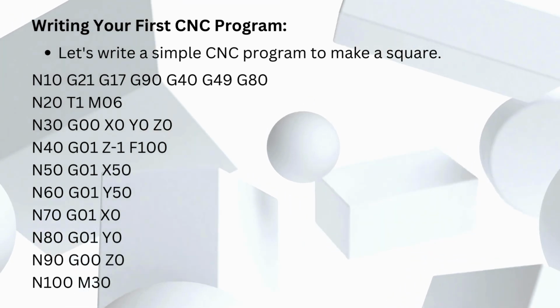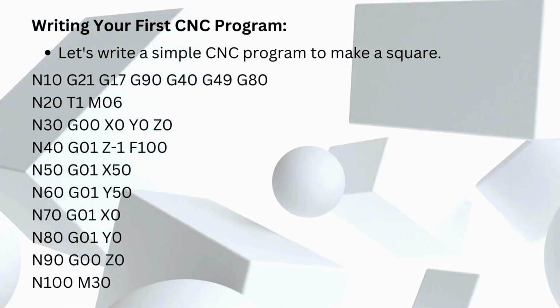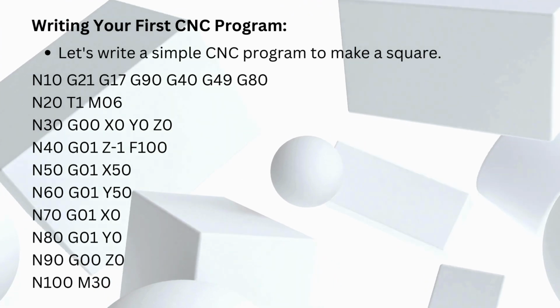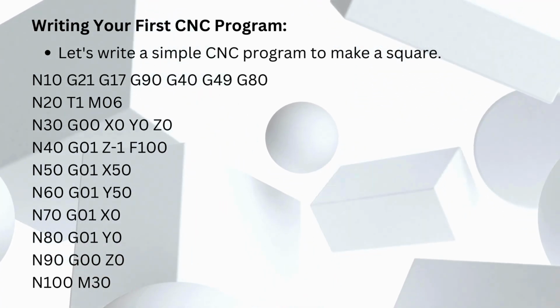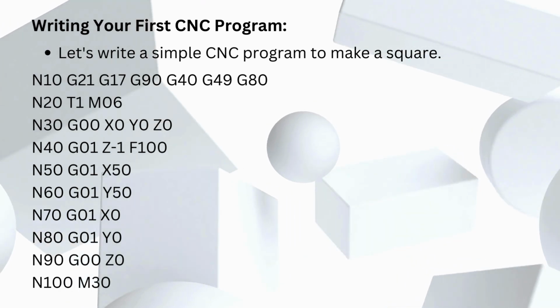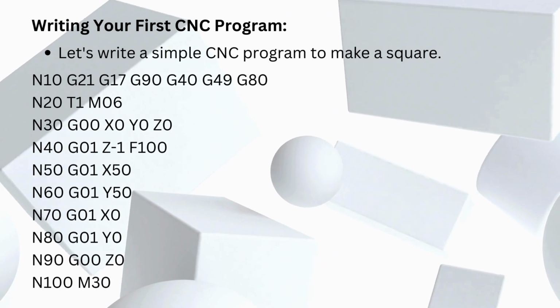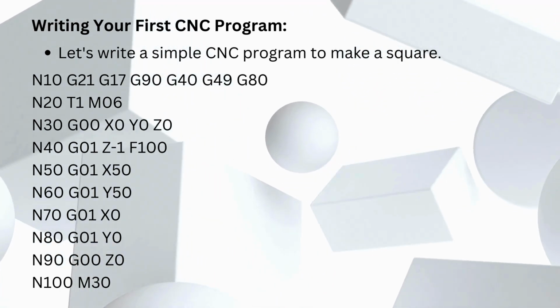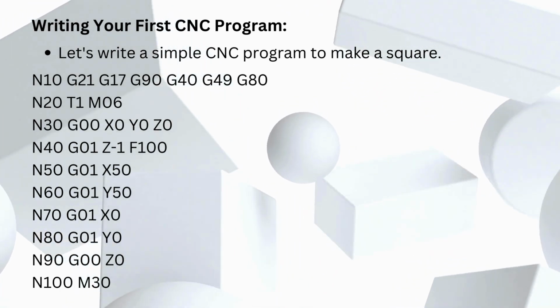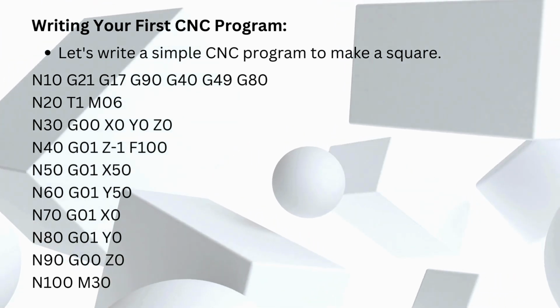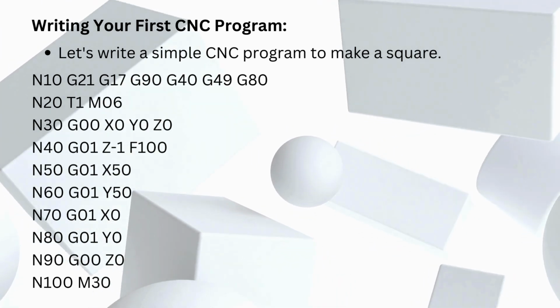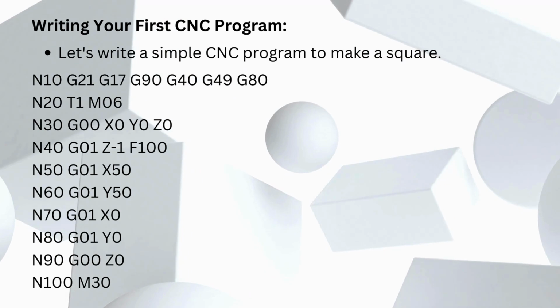Writing your first CNC program. Let's write a simple CNC program to make a square. N10, G21, G17, G90, G40, G49, G80. N20, T1, M06. N30, G00, X0, Y0, Z0. N40, G01, Z-1, F100.